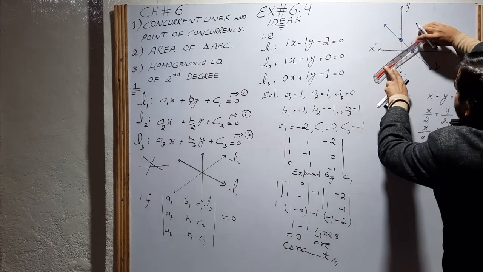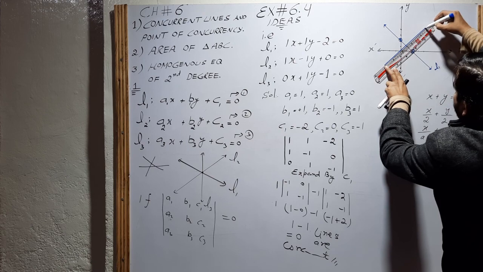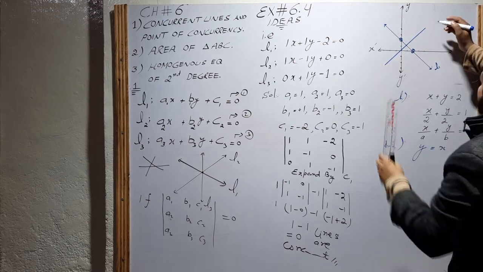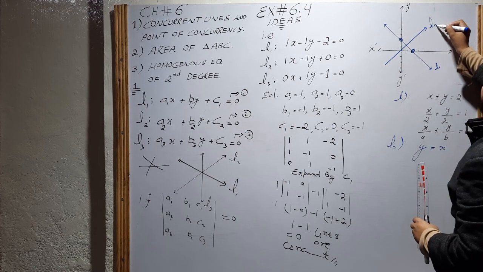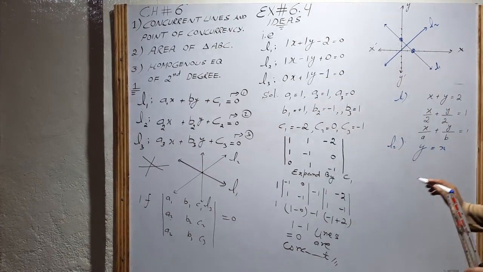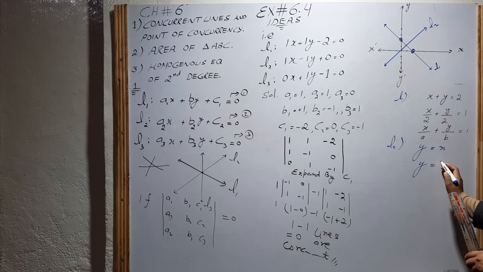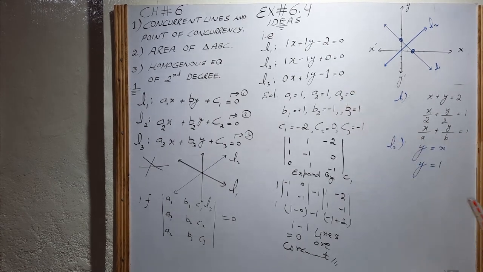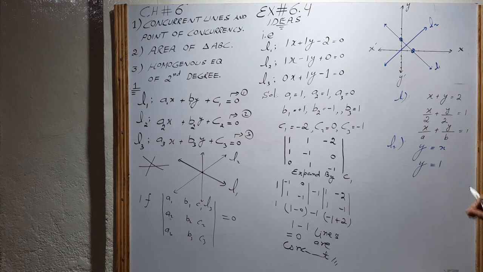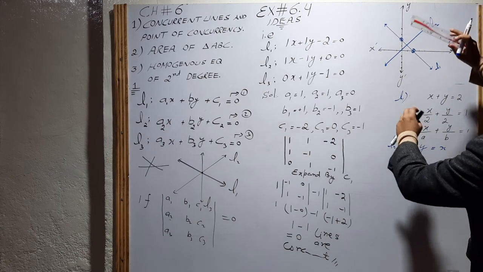So the graph of the identity function is like this. This is line 2. And there is another line, y is equal to 1. So in this case, we draw the graph of this line.